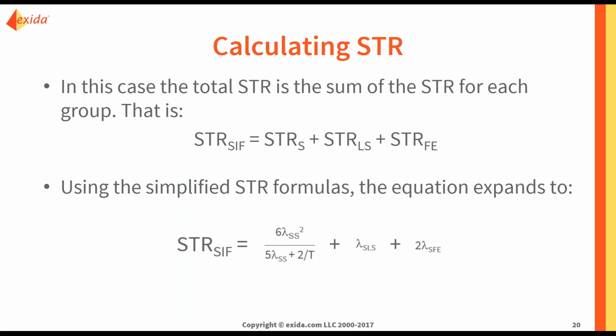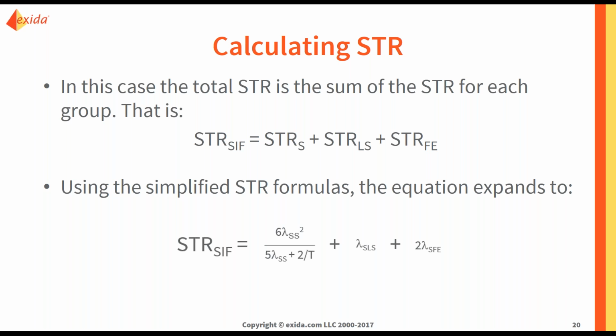In this case, the STR of the SIF is equal to the sum of the STR of each part of the SIF. So the STR of the sensor group in a 2 out of 3 configuration is that same simplified equation that we saw earlier, and you can see that in the first part of the equation using lambda SS.